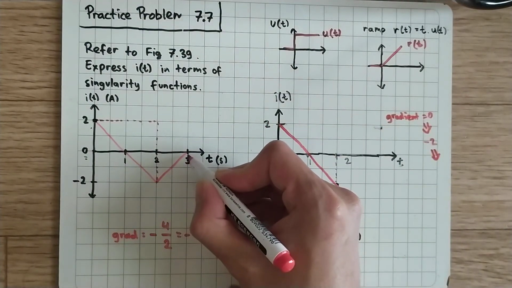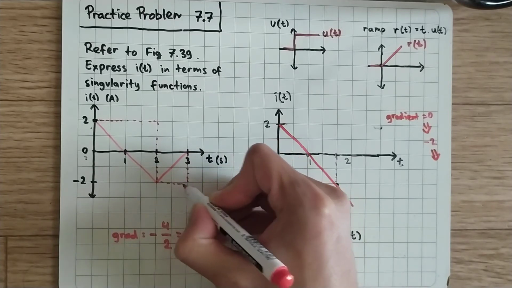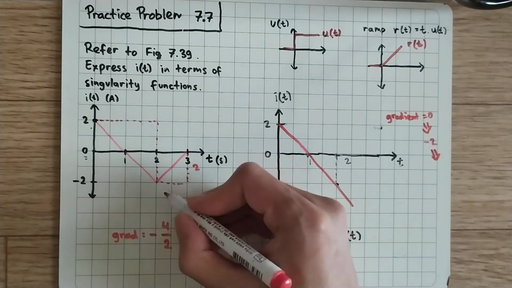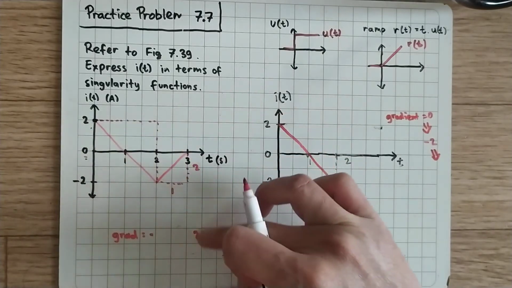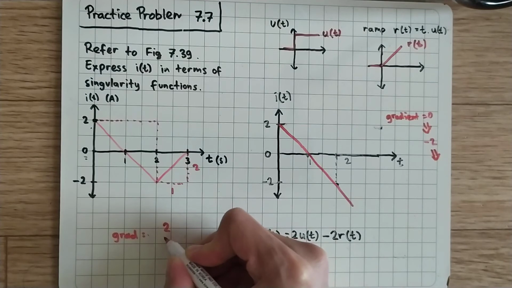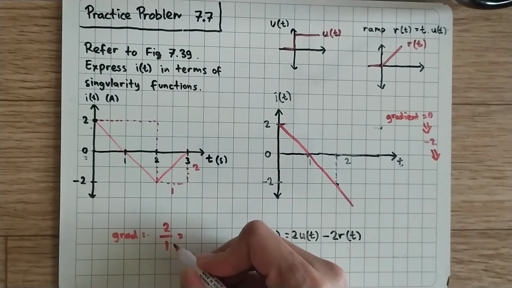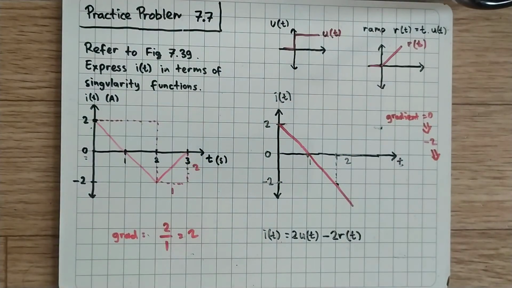So the height of this triangle is 2, and the width is 1. So the gradient of this part will be 2 divided by 1, which is 2, and because it's going up, the sign will be positive.